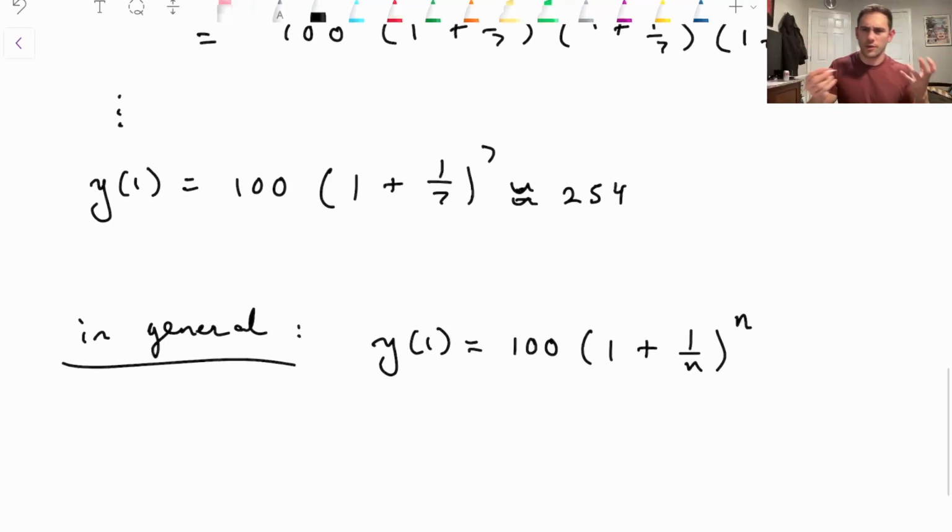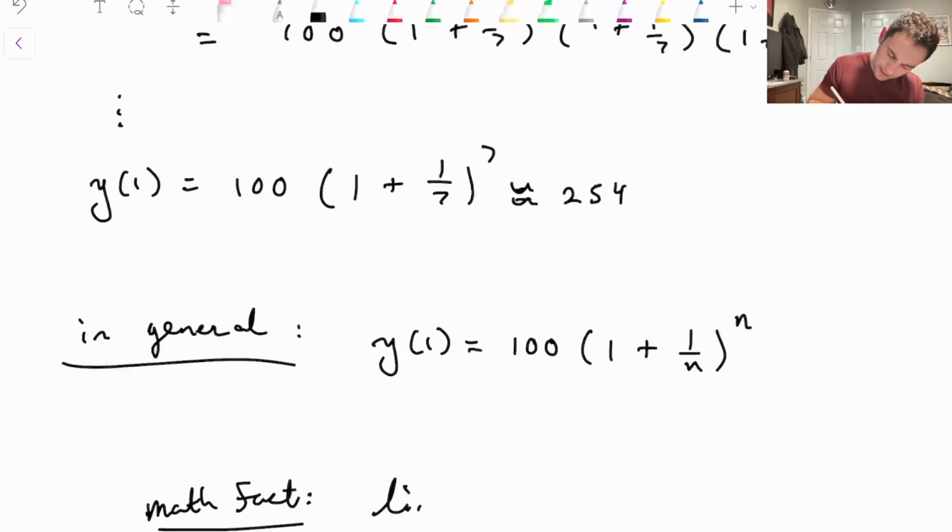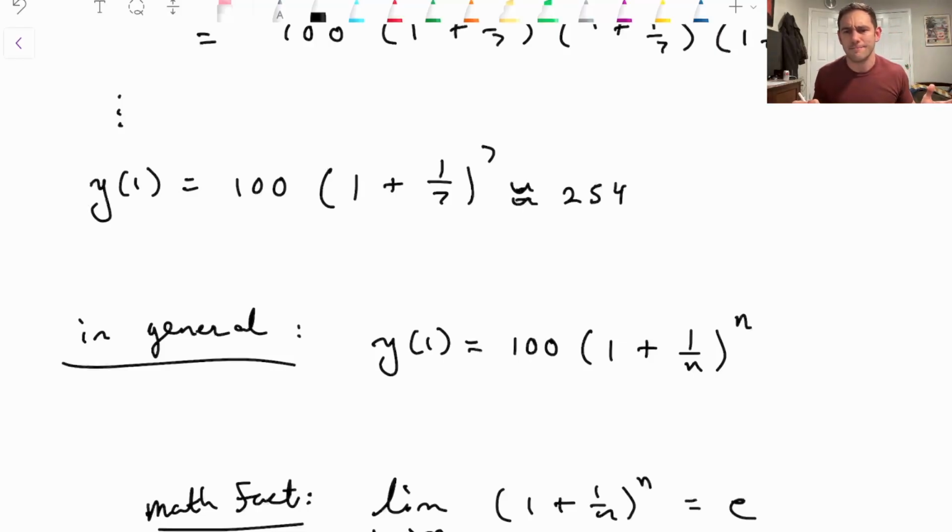And this is a great math fact, just a beautiful math fact. If it's not one you're familiar with, it's a great math fact. Is that if I take the limit as n approaches infinity of 1 plus 1 over n to the n, this is precisely the definition of Euler's number E, which is a number sitting around 2.7.